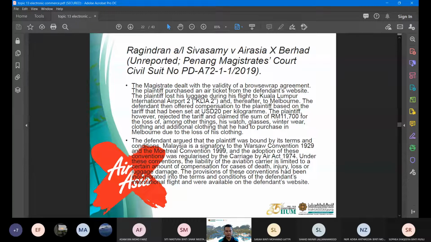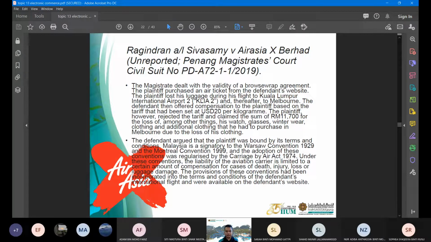Just the case of Ragindran and AirAsia X. This concerns a customer who lost his luggage. He was on a transfer flight from Penang to KL and then to Melbourne, and the luggage was lost on the way.